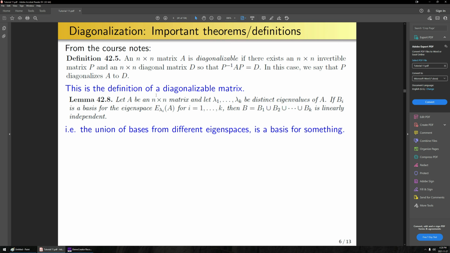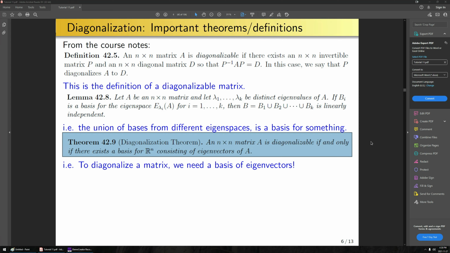So it tells me that if A is an n by n matrix with these being distinct eigenvalues of A, then further, if B_i is a basis for these eigenspaces for i ranging from 1 up to k, then if I take the union of all these bases, that gives me a linearly independent set. So essentially, the union of bases from different eigenspaces is a basis for something. If it so turns out that it's a basis for R^n, then all of the stuff that I did before on the previous slide works, and I can diagonalize A.